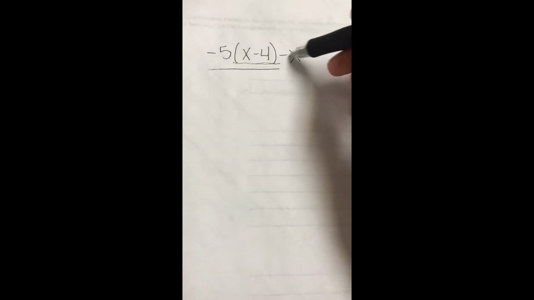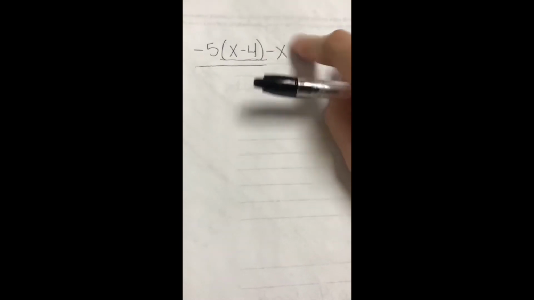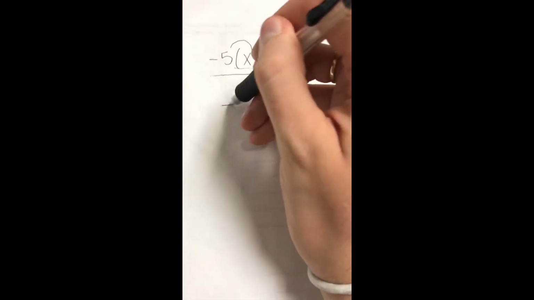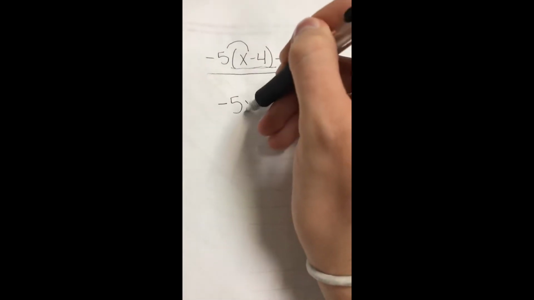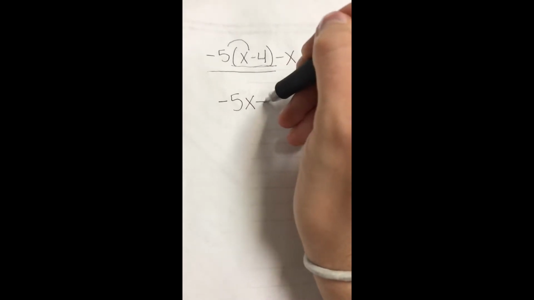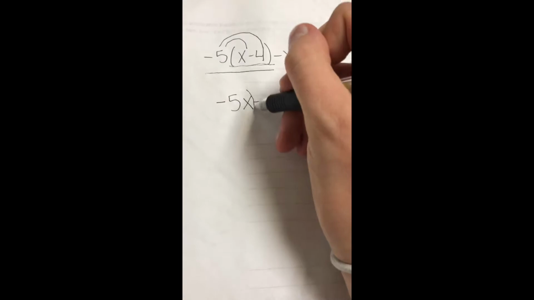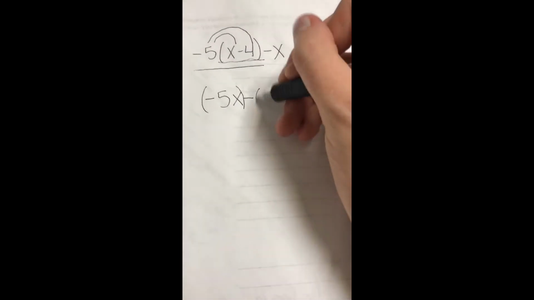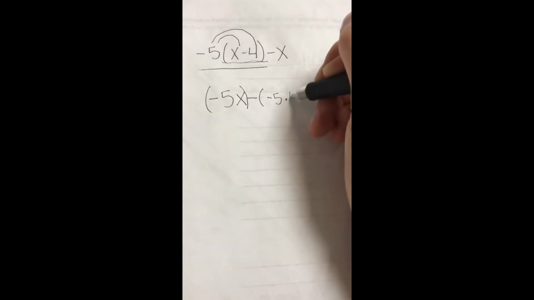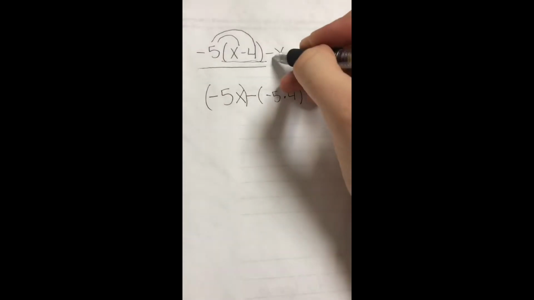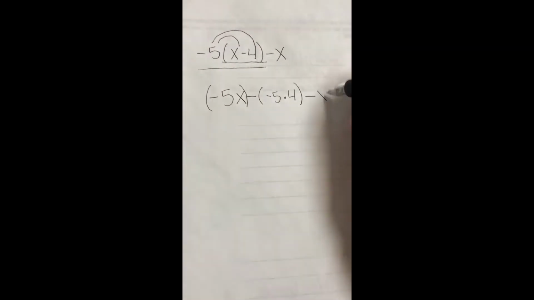In fact, we're doing minus x, so we're not multiplying anything by x. So first I'll start off with the distributive property, outside times inside, negative 5 times x, minus, outside times inside, I'll put that in parentheses to make it easier to see, negative 5 times 4, and then I did my distributive property, and then I just keep my minus x.